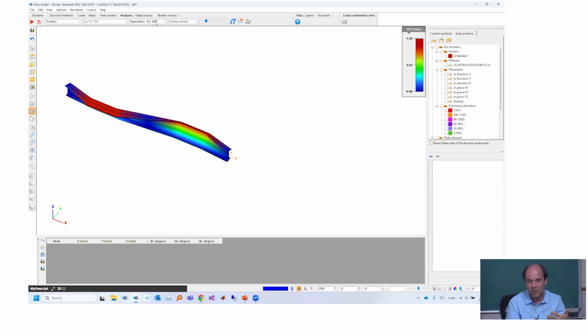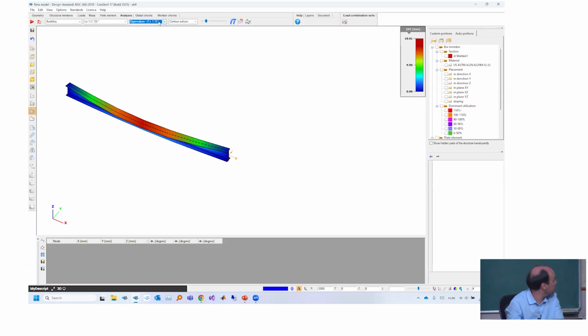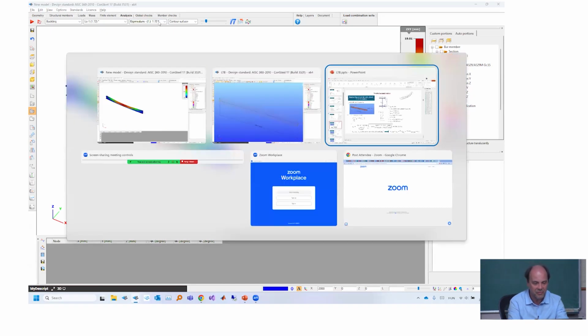If we multiply the eigenvalue of 1.722 with the actual moment distribution of the structure, which is 100 kN everywhere uniform, then we come directly to the critical moment. So 1.72, which is the value given by Consteel, multiplied by the 100 kN, which was the uniform bending moment, then the critical moment is 172. This is exactly the value we get from the formulas if we are able to use formulas.